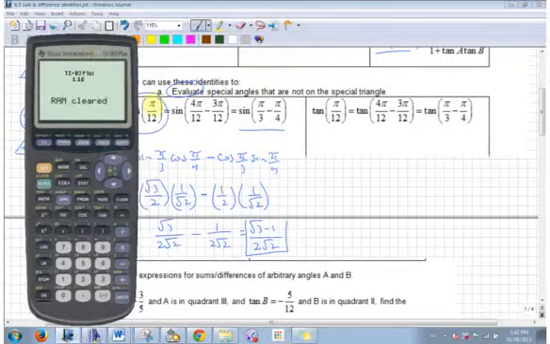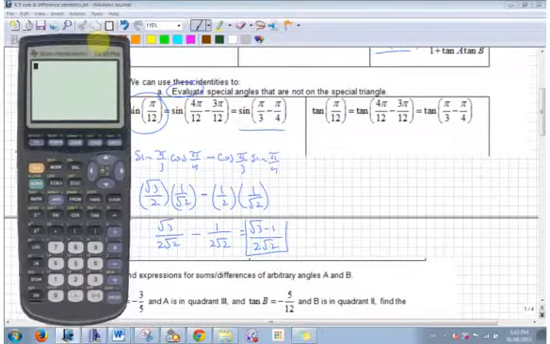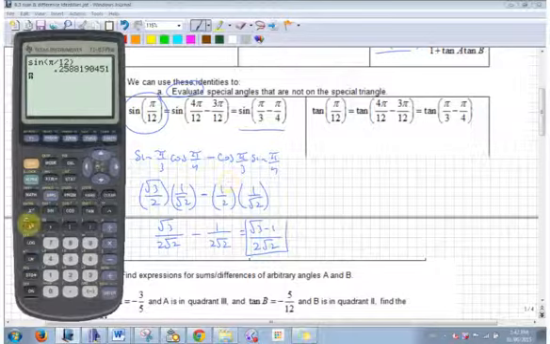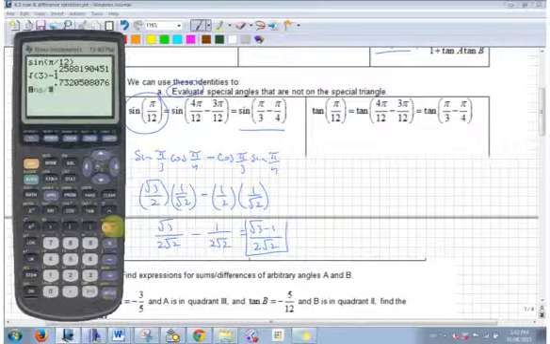Well, if that's a pi, radians. And if this, of course, is just numbers, it's not going to matter, right? So this one is in radians. Sine pi over 12 is 0.2588. And what is this? Square root of 3 minus 1 equals divided by 2. How do I put this in?